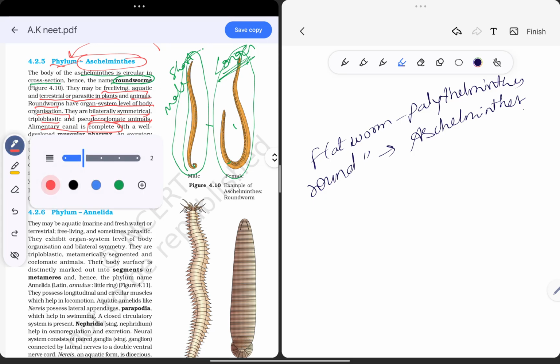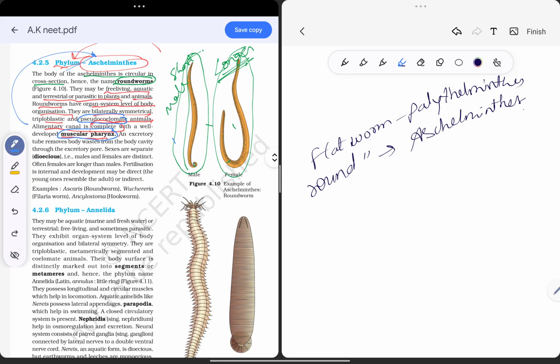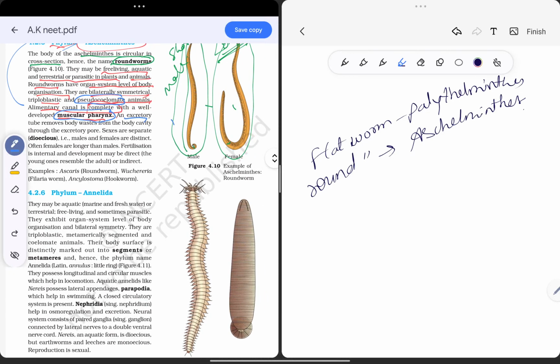The important point here is this muscular pharynx. When they say muscular pharynx or pseudocoelomates, immediately you should think they're talking about Aschelminthes.